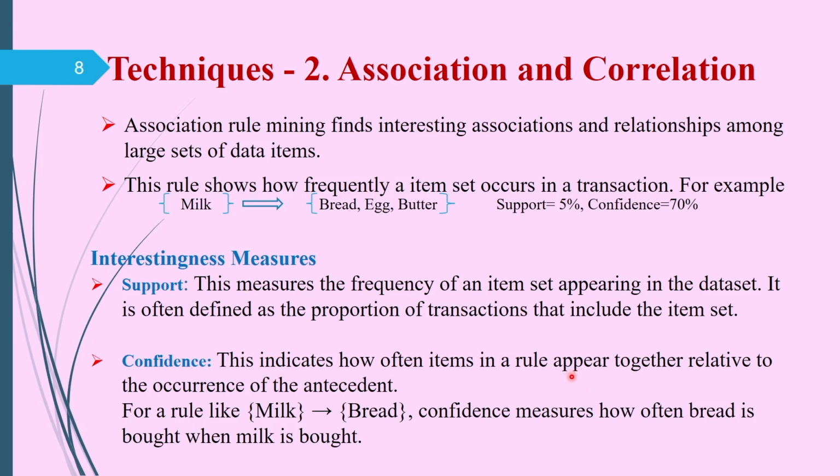For example, milk and bread occur together in how many transactions. This gives a confidence measure, and these two measures strengthen the rule.